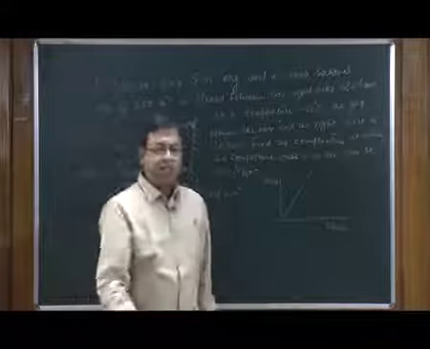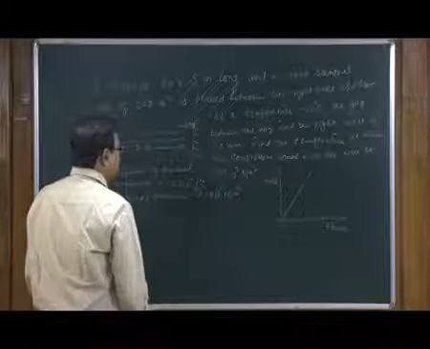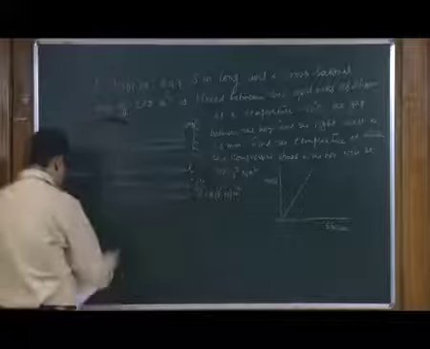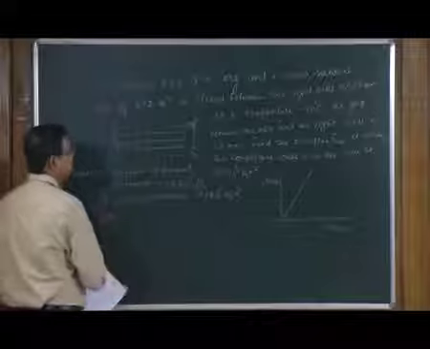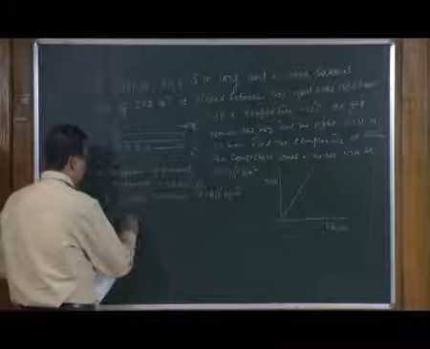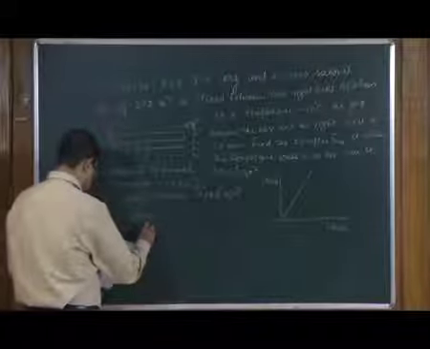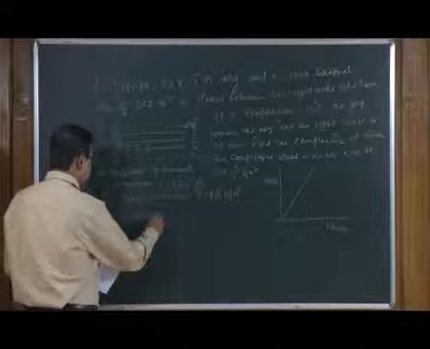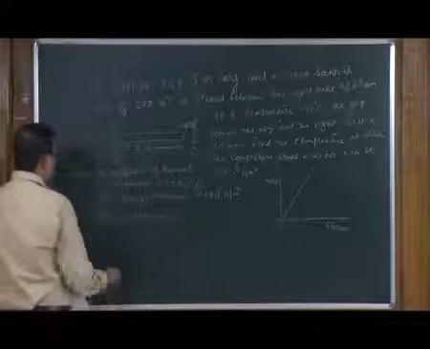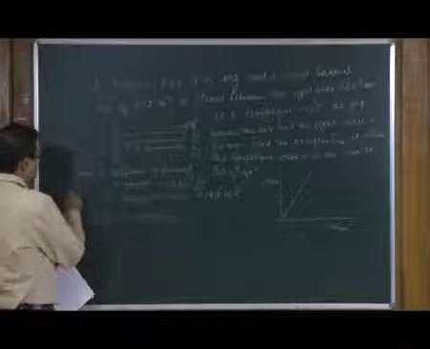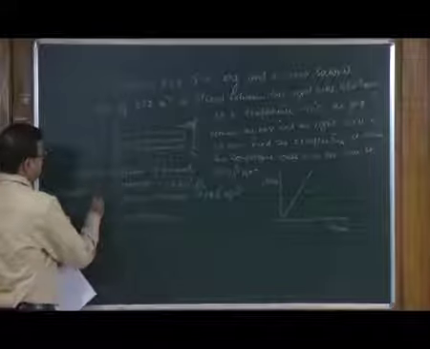I mean, we are assuming that Hooke's law is valid and we are not going beyond the elastic limit, in which case a strain will generate a delta x, which is strain into L0, because the definition of strain is delta x by L0.